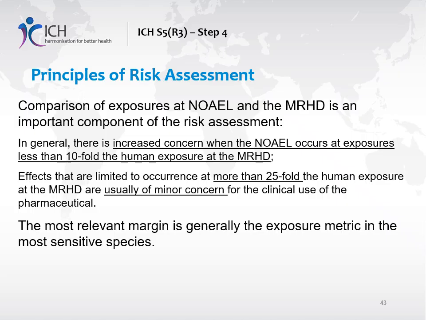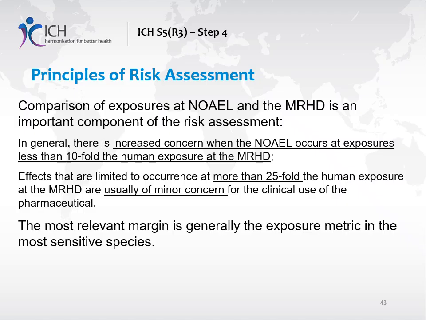Understanding the potential for reversibility will alter the risk assessment. Effects on male and female fertility that are reversible after cessation of treatment are of less concern. Conversely, critical irreversible developmental endpoints such as death or malformations are of increased concern.